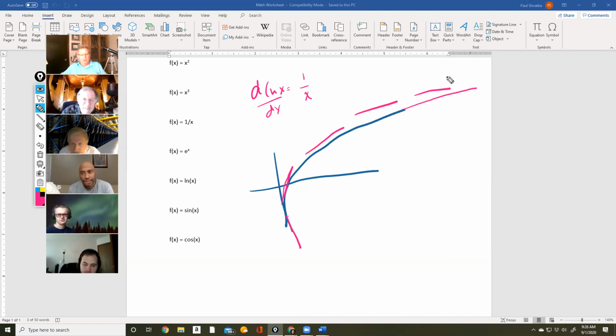Infinity? Do this right now: take the natural log of 5 million. It's 15.425.